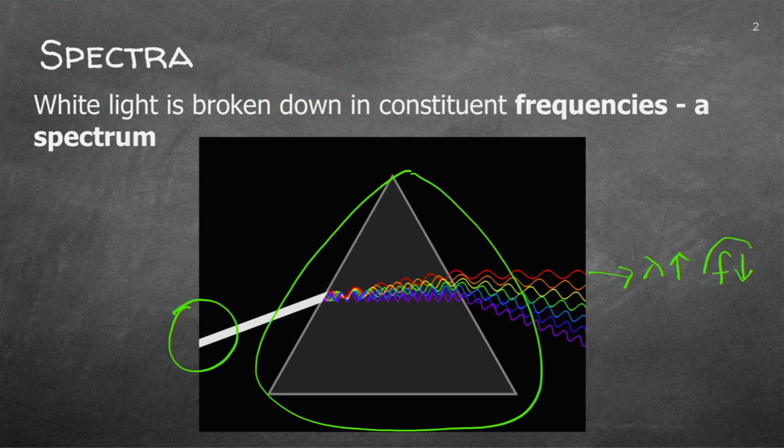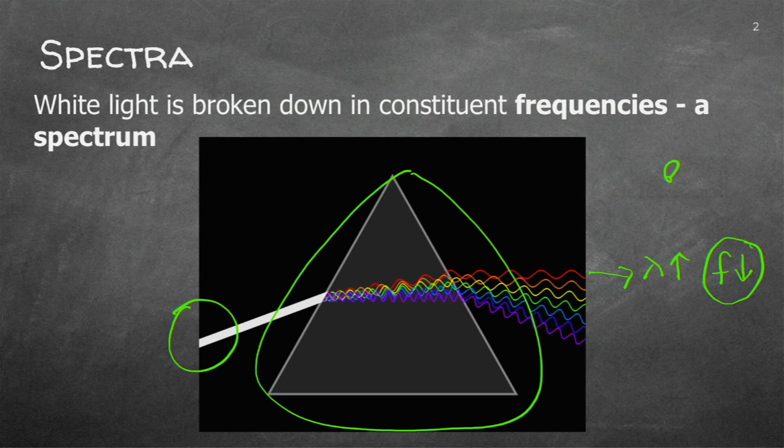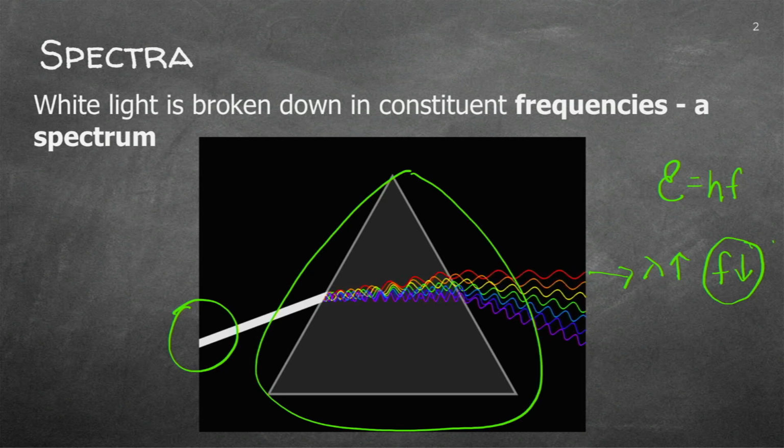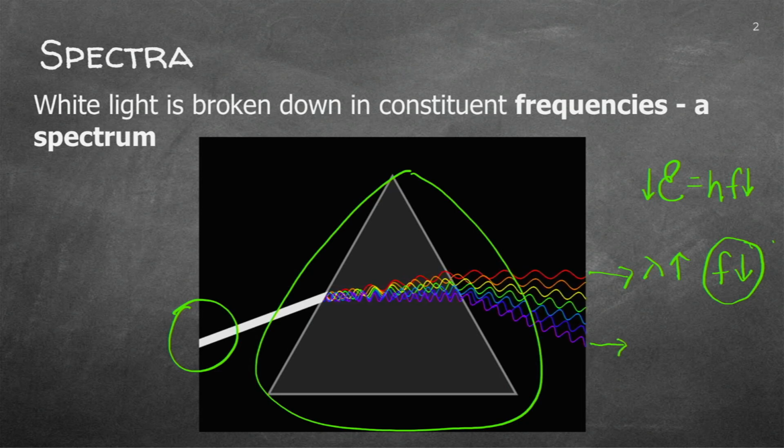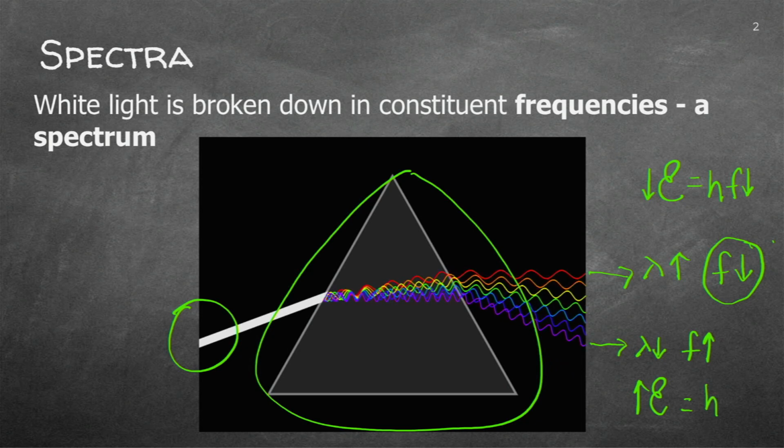And the frequency we can interpret in terms of our equation as having a lower energy, because the frequency is lower, the energy is lower of red light. On the other hand, comparing the violet with the red, we've got a smaller wavelength but a higher frequency. And that again says to me the energy is higher because the frequency is higher.